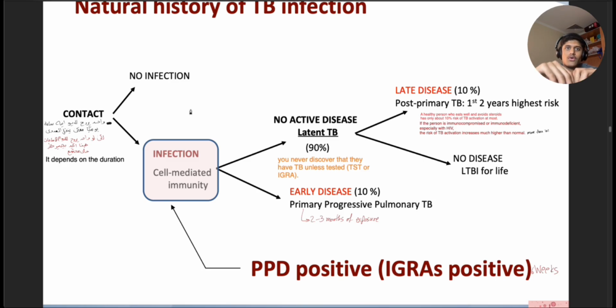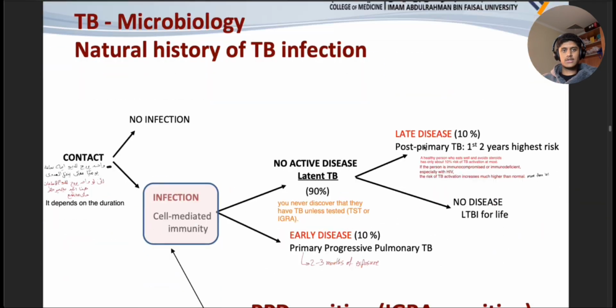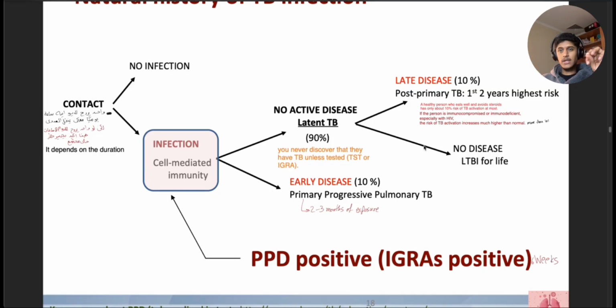The likelihood of infection is really high, as we said. If we only have 10 bacilli within the air, it will initiate a TB infection. However, the really interesting thing is that it might not be an active disease. It might be a latent TB, which is what happens to 90% of anyone who is infected by TB.